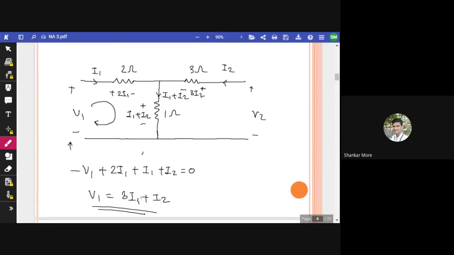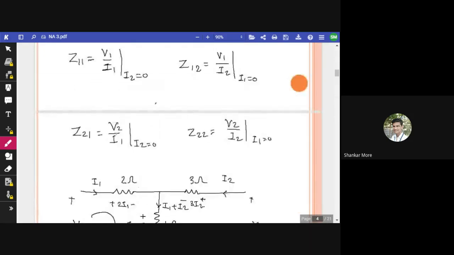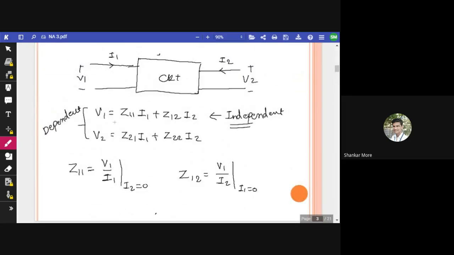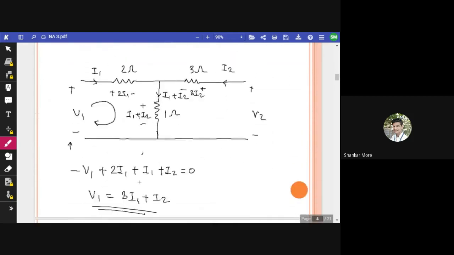Now if we compare this equation with V1 is equal to Z11 I1 plus Z12 I2, then Z11 will be equal to 3 and Z12 will be equal to 1 only. Understood? Any doubt?